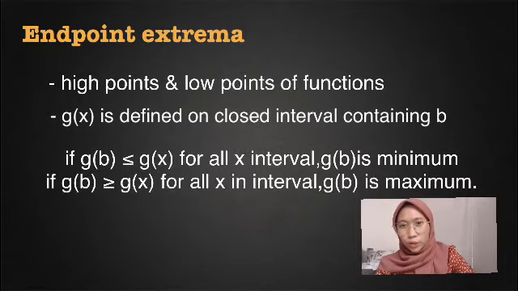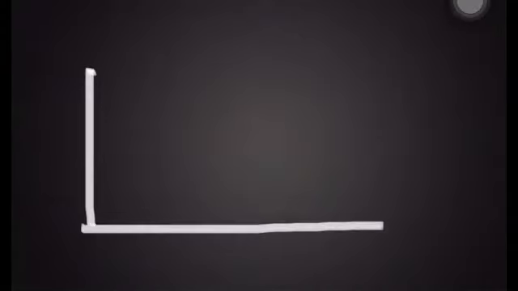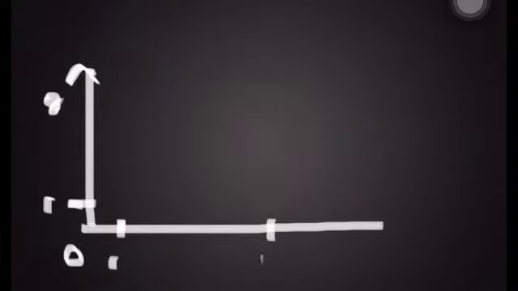Okay, I just want you to get an idea here. This is a graph. You just need to put on a graph 0 until 8 for f(x) and 1 until 6 for x.